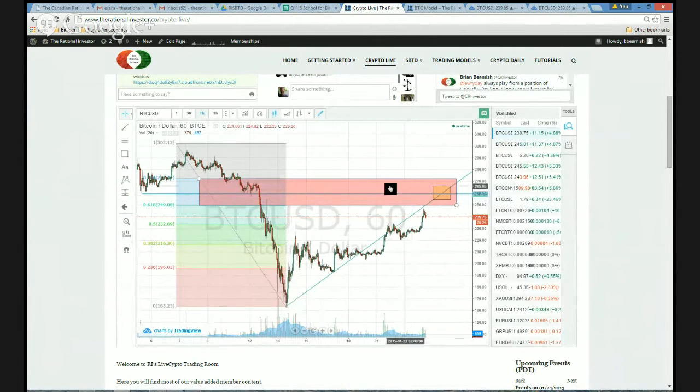If the red box here, if institutions were going to short, and in Bitcoin land, of course, we call those whales, where are they most likely to do so? 61.8 to 78.6 fibs. That's what this red box is. And you'll notice that we have this line here, the horizontal support and resistance from the most recent fail point.